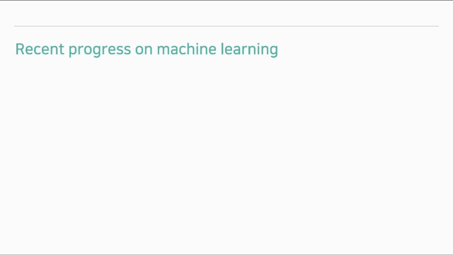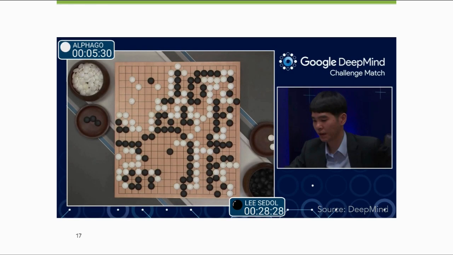And I also prepared some recent progress on machine learning. So I think the most important success these days could be AlphaGo. As you know, AlphaGo was able to beat the master Lee Sedol, and we were really surprised at the result because the number of possibilities in the Go game is beyond our imagination.